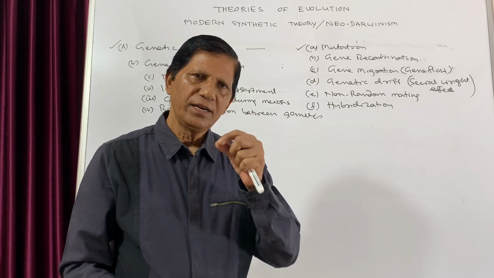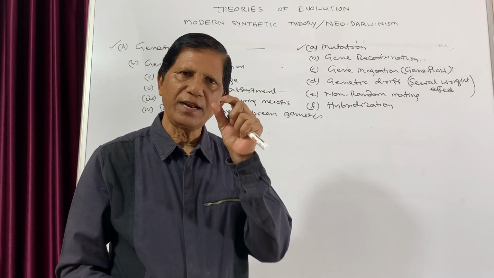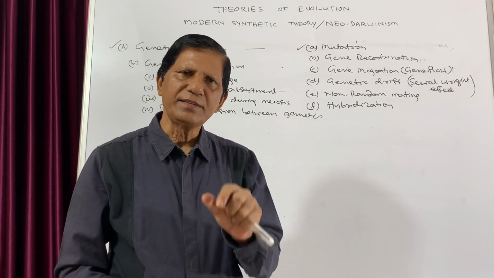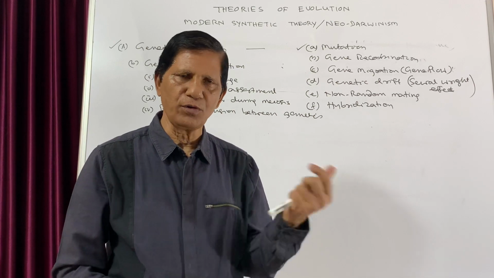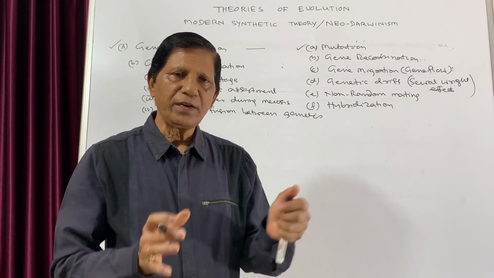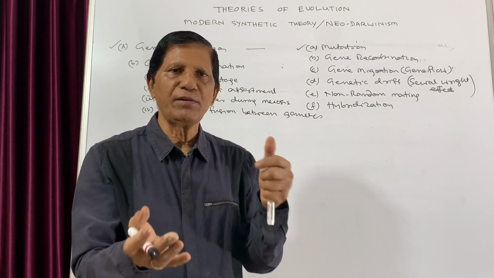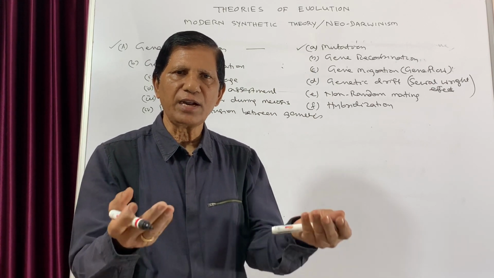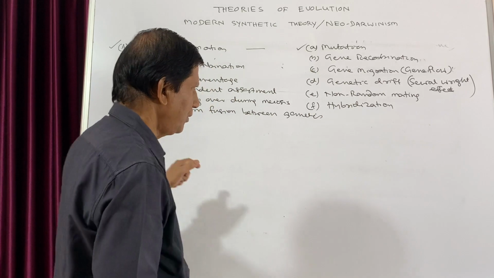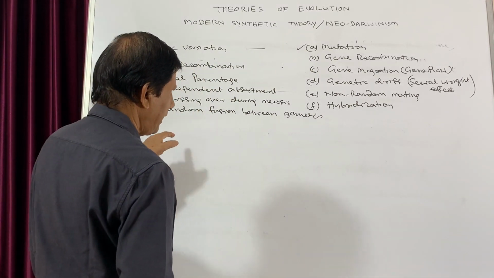So the gametes, they are haploid number, and they may contain any alleles, either recessive or dominant. So depending upon which male one will combine with which female one, naturally the zygote will be completely different. So this is one of the main reasons.